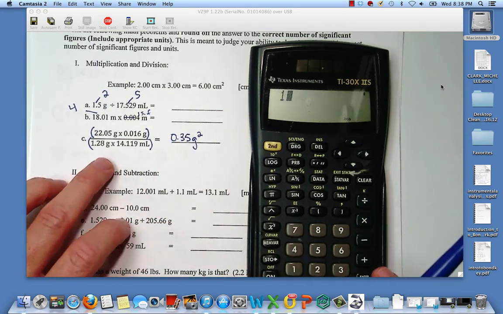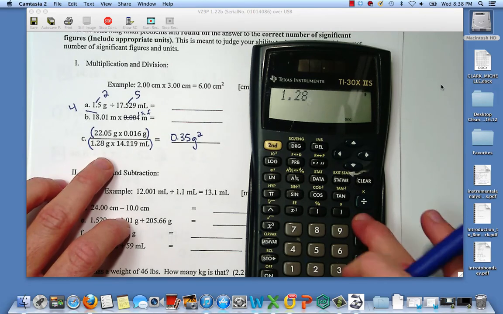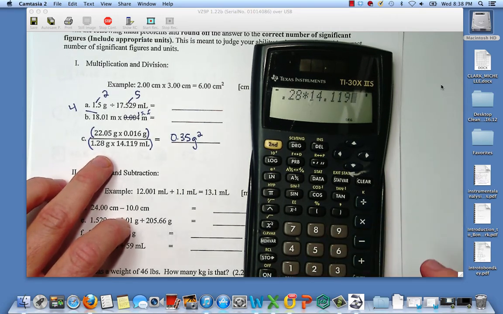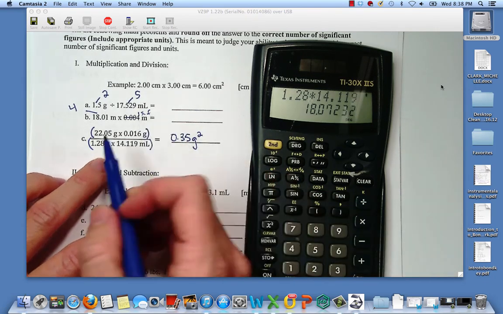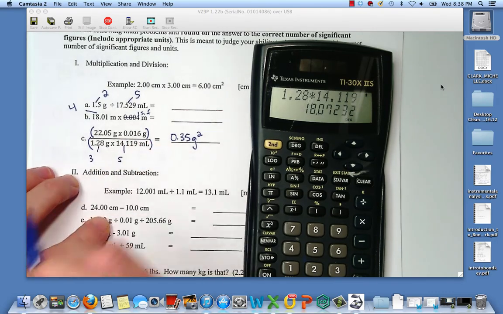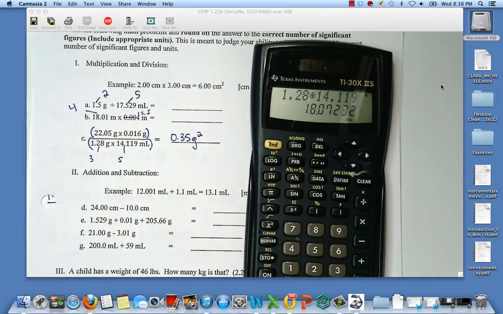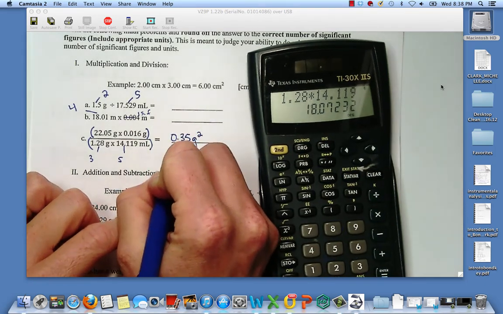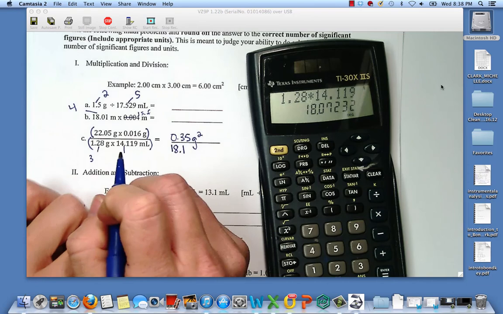Then you're going to do the bottom calculation: 1.28 grams times 14.119 milliliters. I have 3 sig figs here and 5 sig figs here. How many should my answer have? 3. So 18.1. Now what are the units on this one?